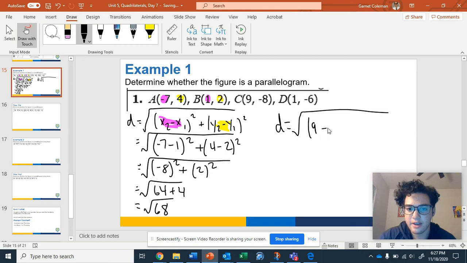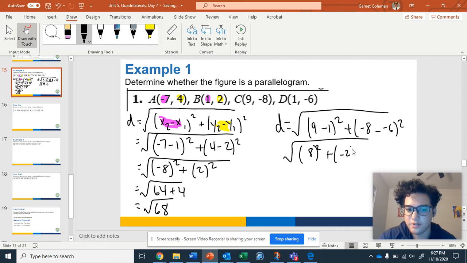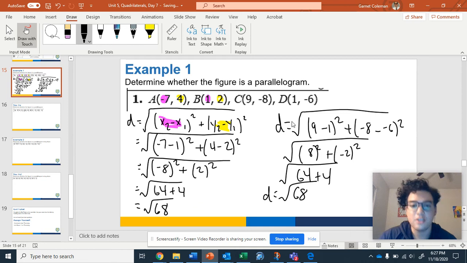I have 9 minus 1 squared plus -8 minus -6 squared. 8 squared plus -2 squared. 64 plus 4. I end up getting the same thing. So I know those two lines are the same size.